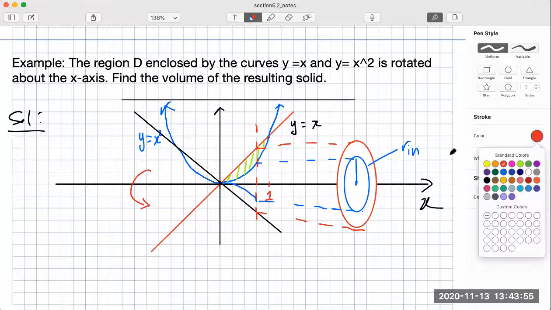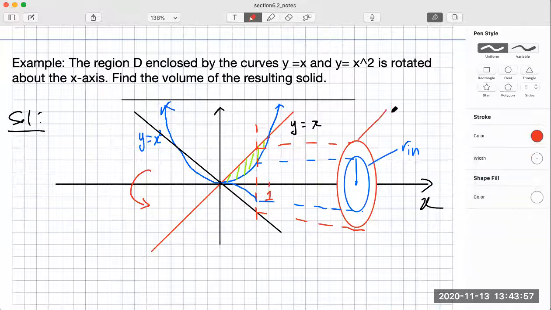And the outer circle is R out. Okay? Do you all see it? So here it means, what is R in?